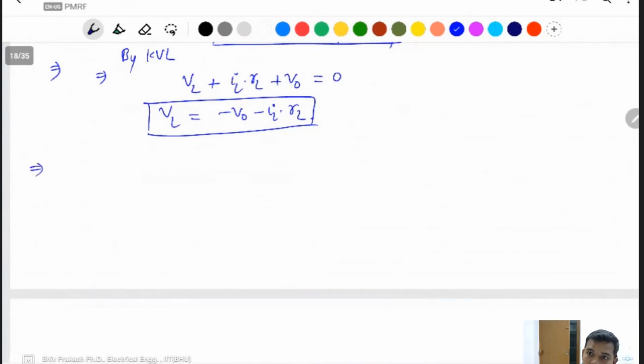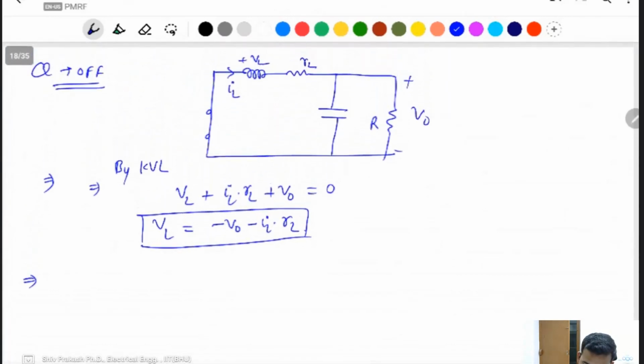Sir, the inductor voltage polarity will change. Yeah, polarity will change, but we take only the difference, not a polarity change. Take a reference in every equation where you find, then take it as a reference only.